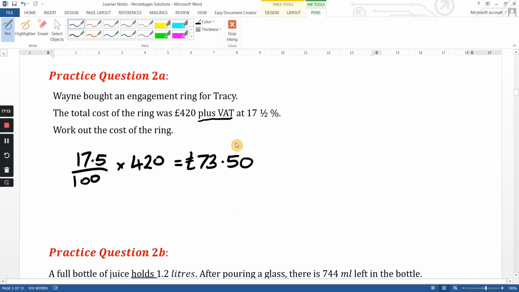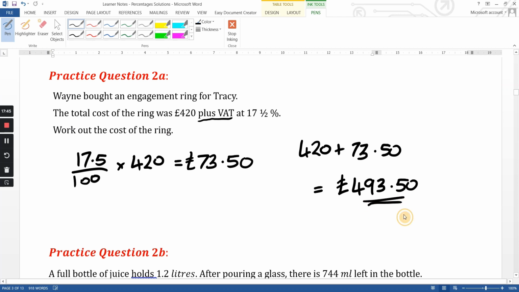Don't forget, this is just 17.5% of the amount. We have to work out the total cost of the ring, so it's the original plus the VAT that we just worked out, which gives us the final answer. Don't forget the pound sign: £493.50, including VAT.